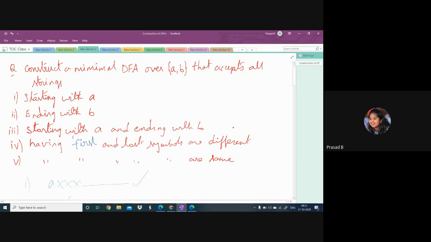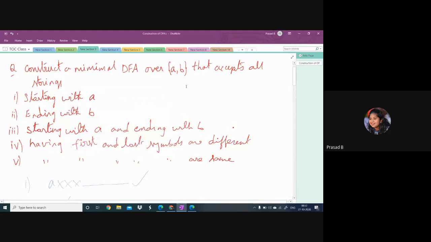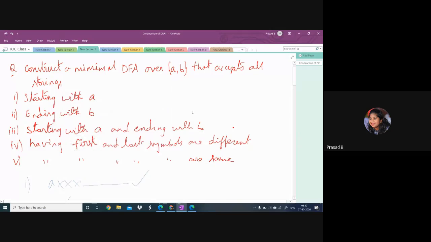And fifth question, having first and last symbols the same. Do you understand?